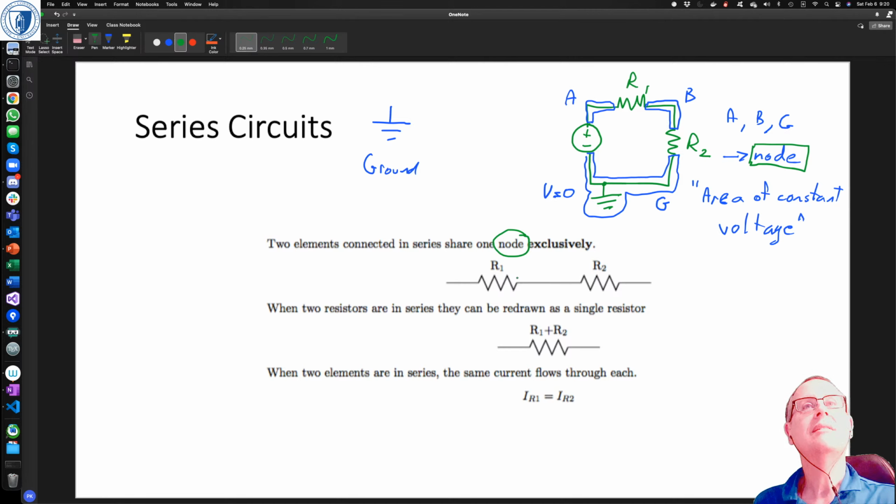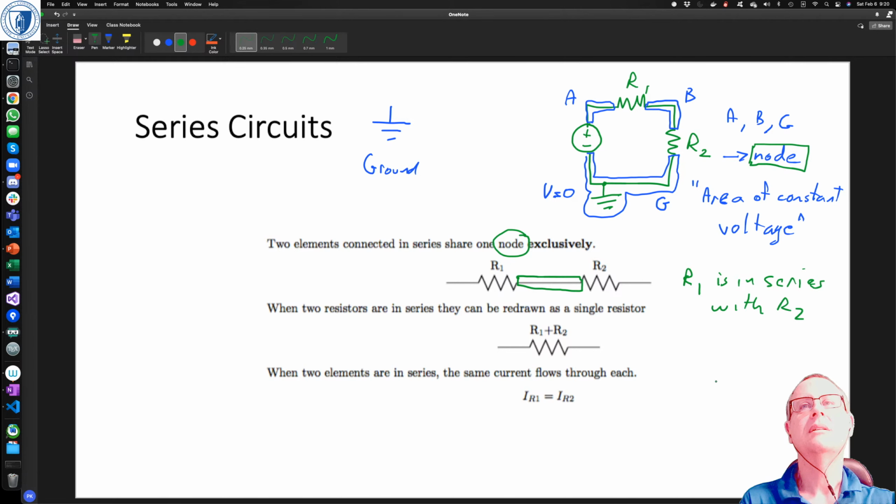So here's a node, and only R1 and R2 are connected to it. So R1 is in series with R2. Okay?